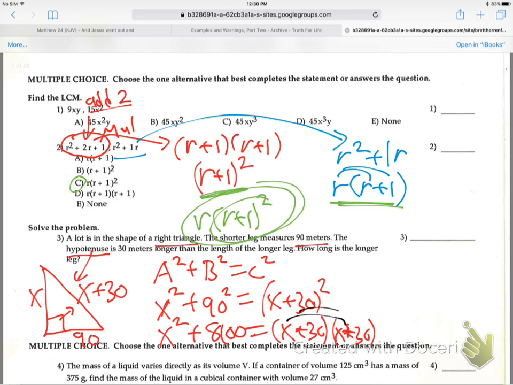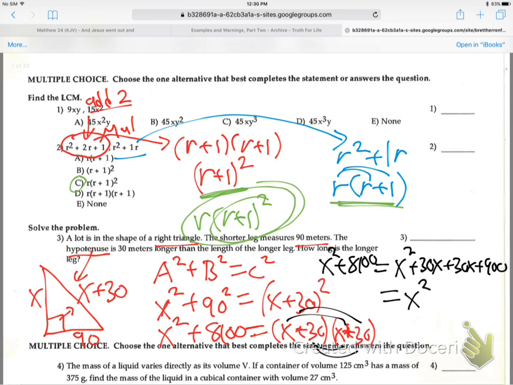So then the x one goes to both. That's going to be x squared plus 30x plus 30x plus 900. And the other side is x squared plus 8100. We good to there? So when I FOIL this side out, it's x squared plus 30x plus 30x plus 900. We good?